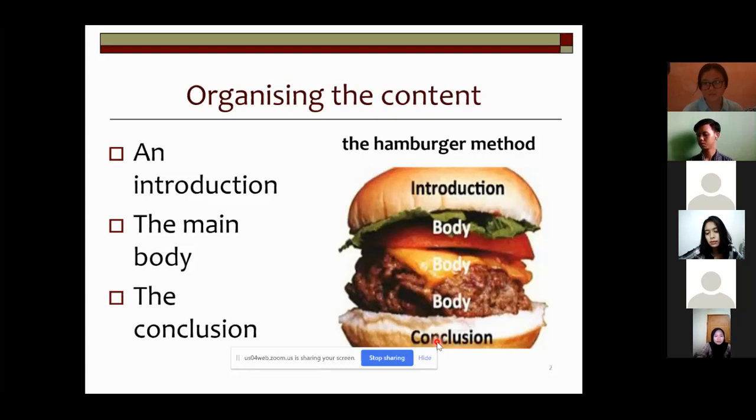So all these parts should be in your presentation. Make sure when you want to present anything, there is an introduction, then the main body, and then the conclusion. It should be there, right?